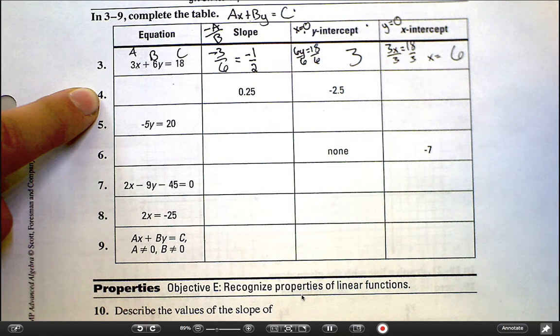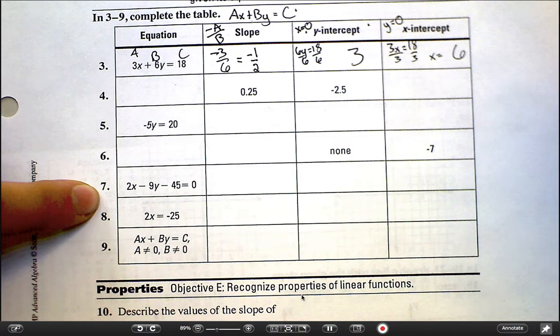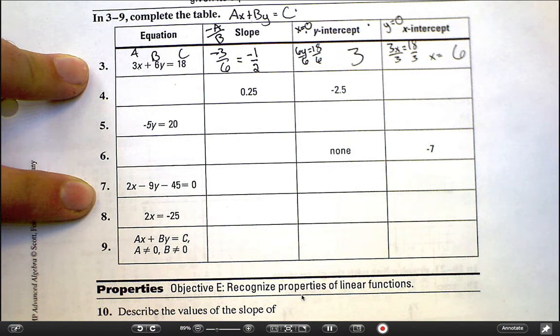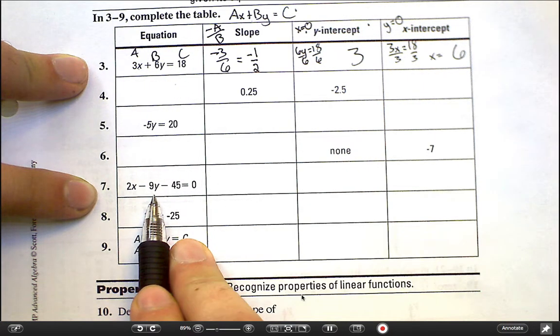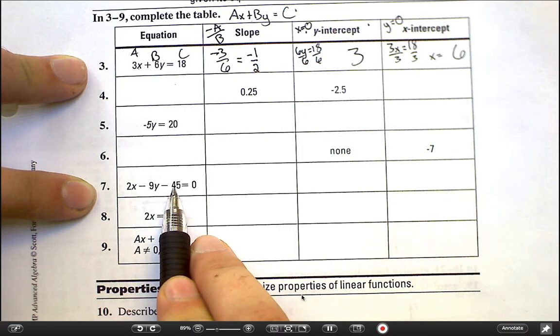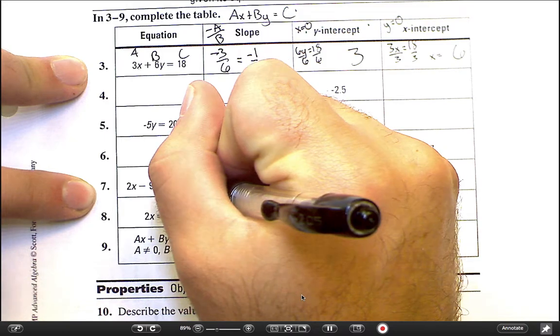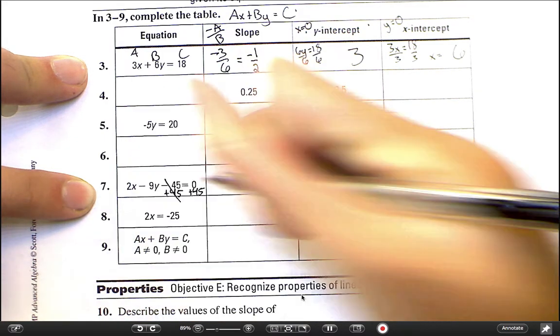Number 4 is a little bit different, so we're going to skip past that one right now. I want to jump down to number 7. Number 7 and number 3 are very similar. The only difference is number 7 does not start in standard form. Right now a, b, and c are all on the same side. C really should be on the other side of the equal sign. So I'm going to take the 45 and add it to the other side so that I cancel out the left side.